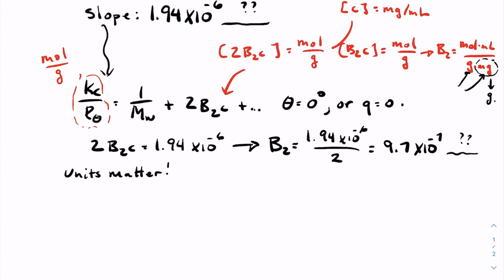So if that's the case, the units that we're looking for here are going to be moles per gram, and then divided by the units of concentration. So we'll get 1 over milligrams. And then in the numerator, we'll get milliliters.